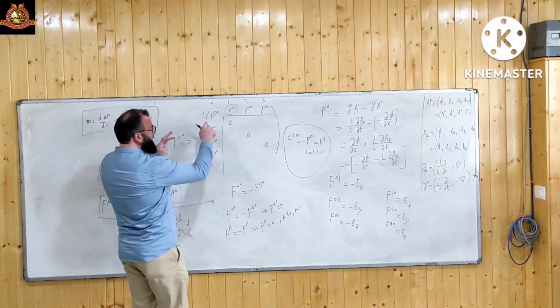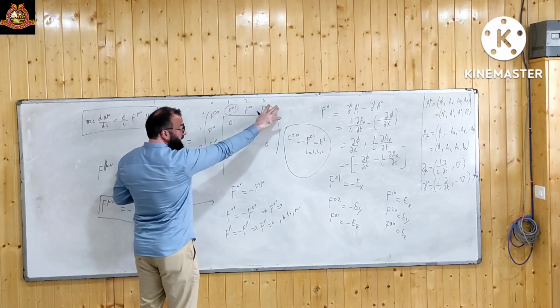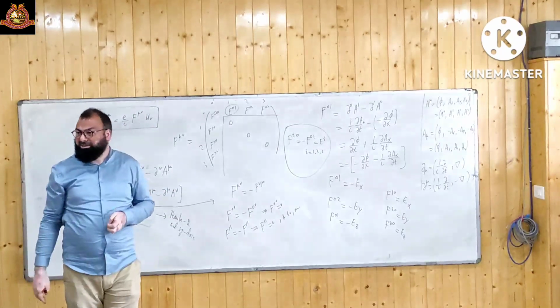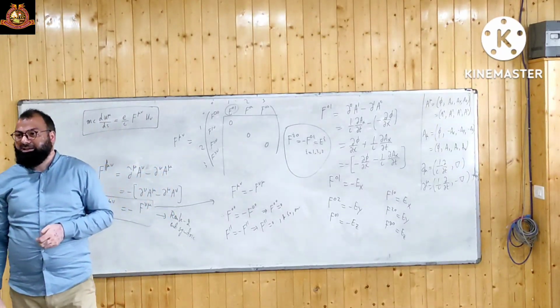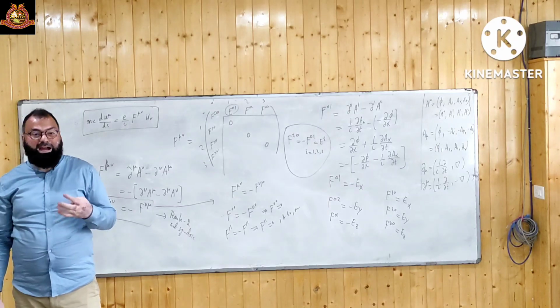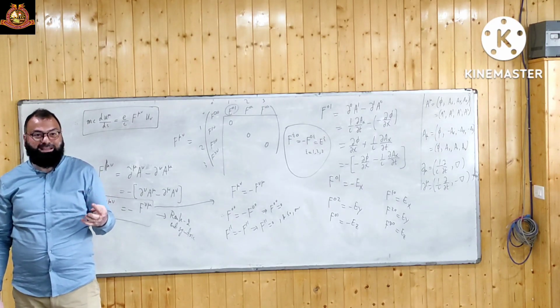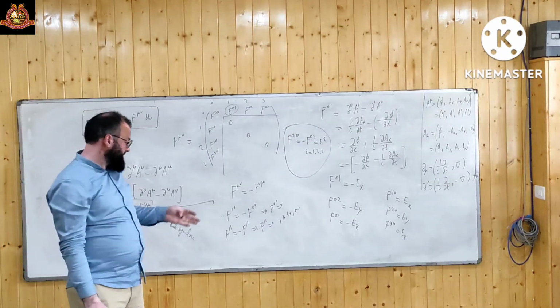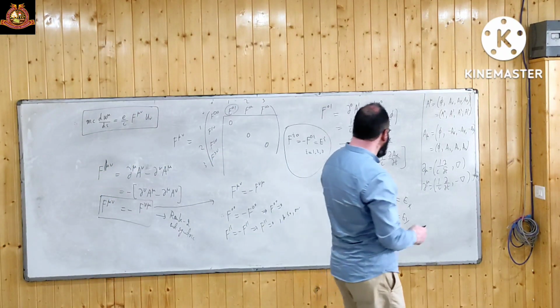So for this matrix, the upper row and the first column simply represent the electric fields. Okay? So we have identified 3 components of F. Now we need to figure out the other 3. So let's try to figure them out.